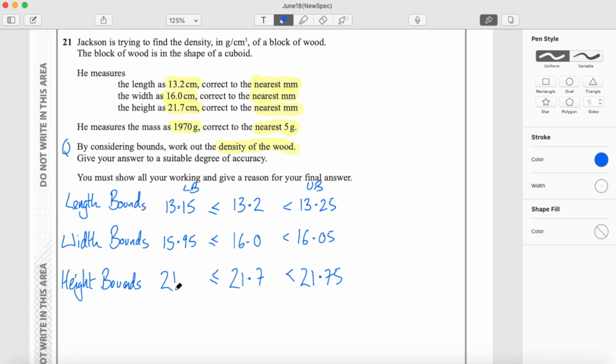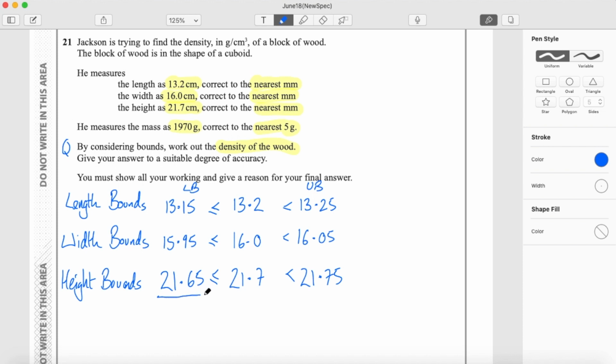This would mean the lower bound would be 21.65. So we have three lower bounds for our length, width and height, and three upper bounds for our length, width and height. So we can work out a lower bound for the volume and an upper bound for the volume as well.